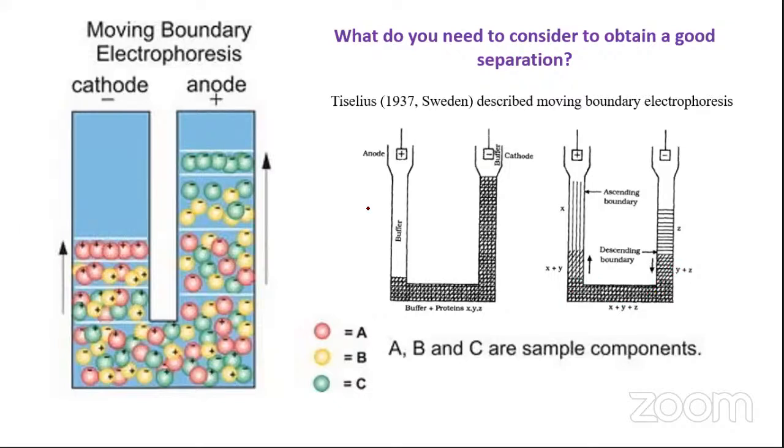Because of the difference in their charge, those molecules which are positively charged will move towards the cathode, while those which are negatively charged are going to move towards the anode, right? So the friction was a problem because of opposite movement or opposite drag of the molecules with respect to each other, correct?